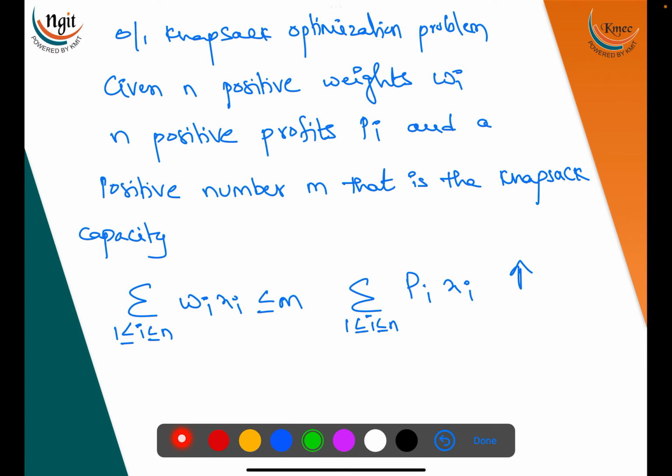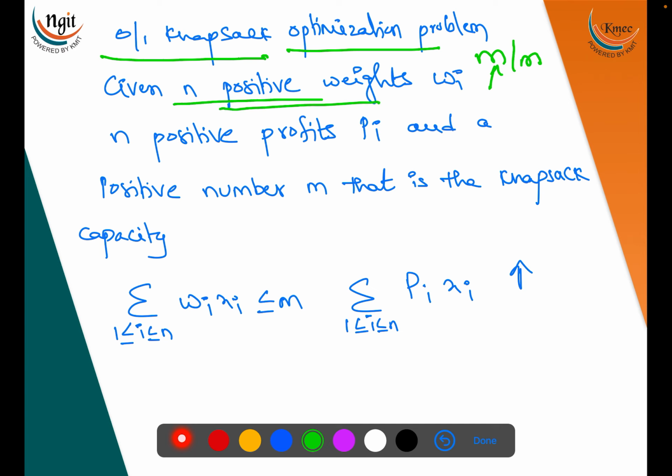Now let's get started. Basically it is an optimization problem. So what is an optimization problem? The solution will be either maximum or minimum. The 0/1 knapsack problem solution will always be maximization. That means you are given n positive weights, that is wi, n positive profits, that is pi, and a positive number m, that is the knapsack capacity.